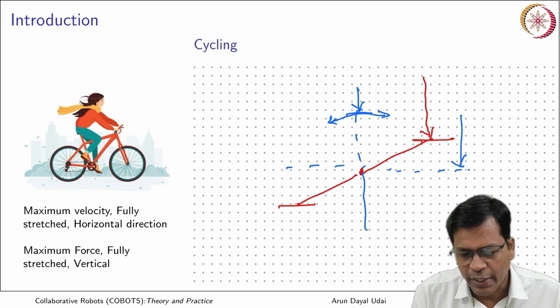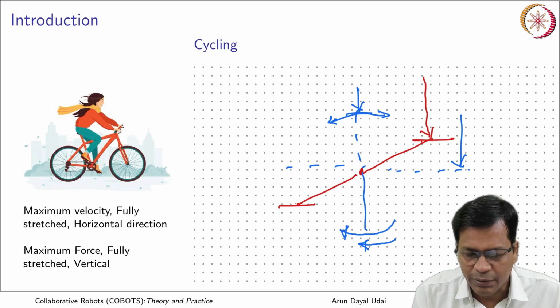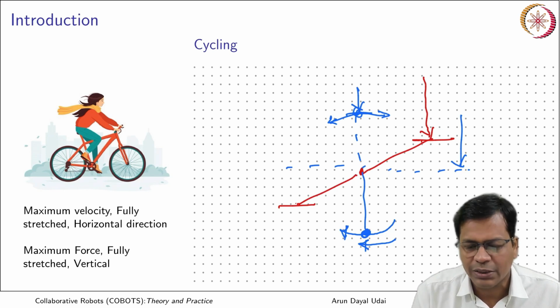Whereas when you want to make it go fast, you keep the pedal like this, so that you can make it go at the maximum velocity. So at the tip over here and here, you want more velocity. Why? You don't want to get stuck at top dead or bottom dead centers.